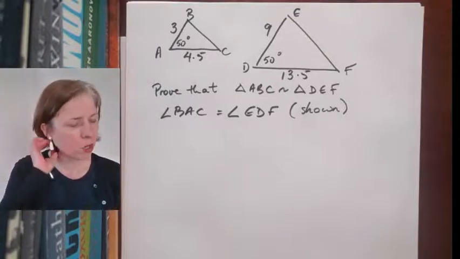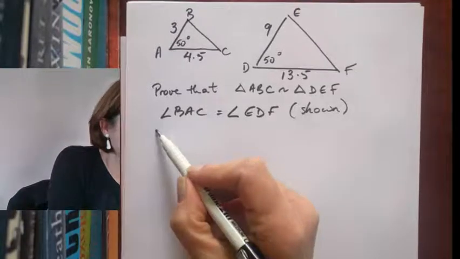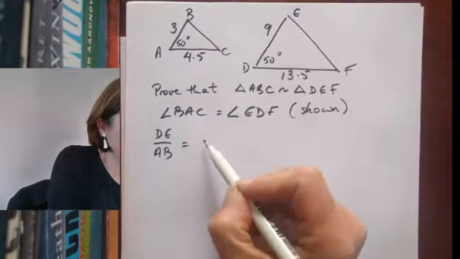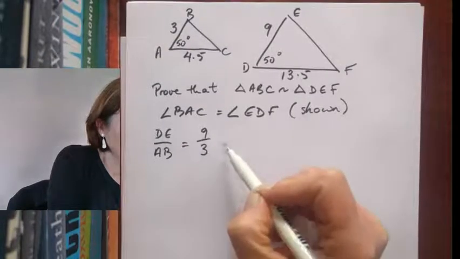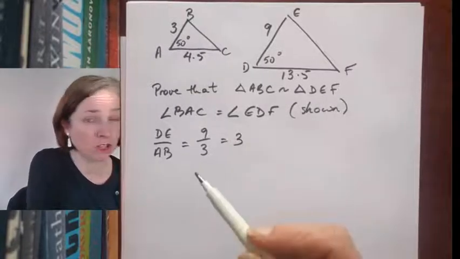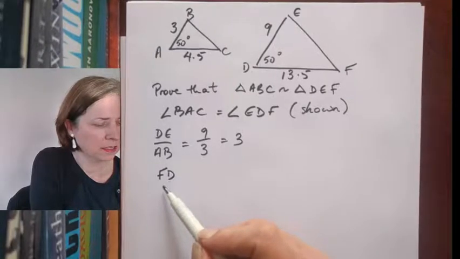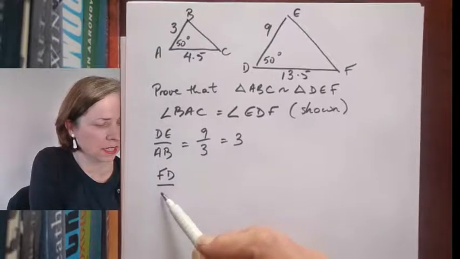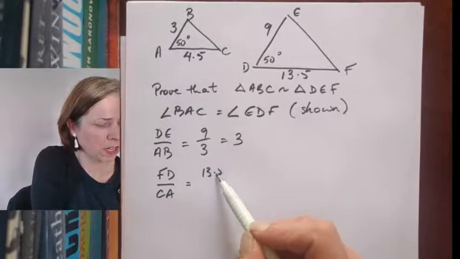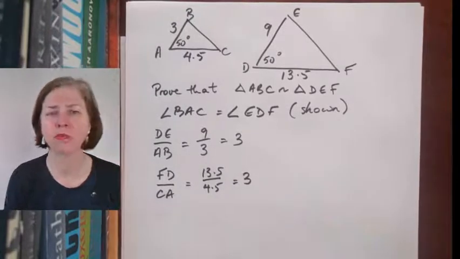Okay, now I'm going to test the ratios. So DE divided by AB equals 9/3, which equals 3. So far so good. Haven't shown anything yet. FD over CA equals 13.5 over 4.5, which also happens to equal 3.